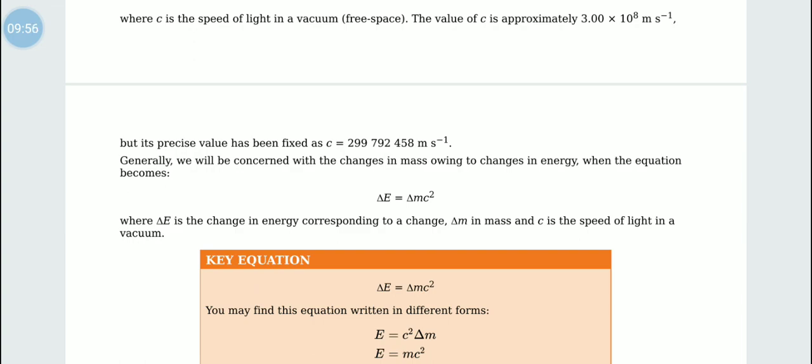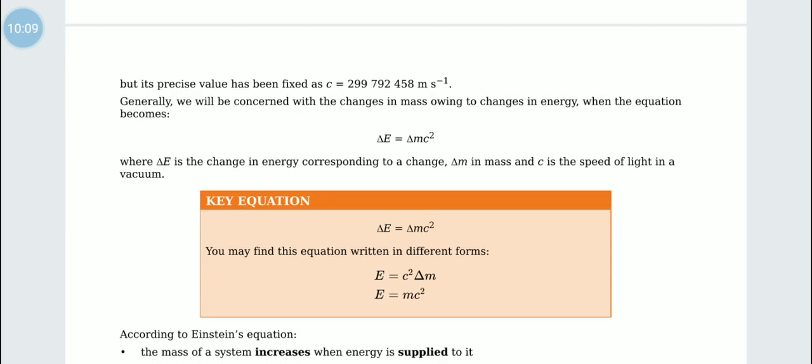So what happens is, we are talking about the change in energy in relation to change in mass. So we take the equation to be delta E equals delta m c squared. Delta E is the change in energy, delta m is the change in mass, and c is the speed of light in a vacuum.